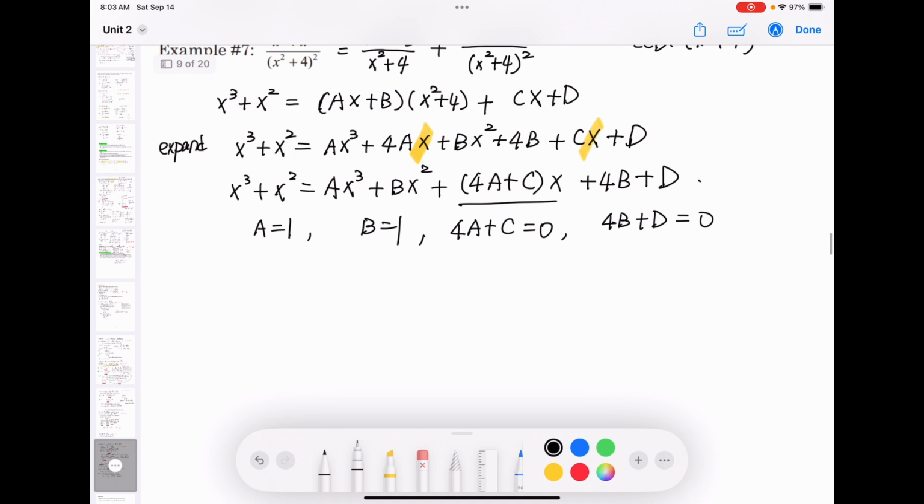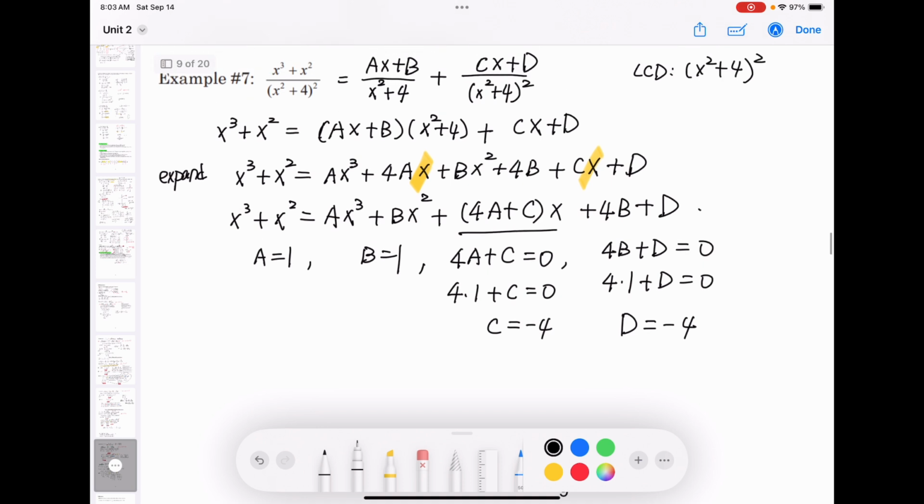The first two equations solved a and b. So let's see the last two equations. We have 4 times 1 plus c is equal to 0. c is equal to -4. And here, 4 times 1 plus d is equal to 0. d is also equal to -4. We solved our a, b, c, and d. So plug them into the decomposed expression.